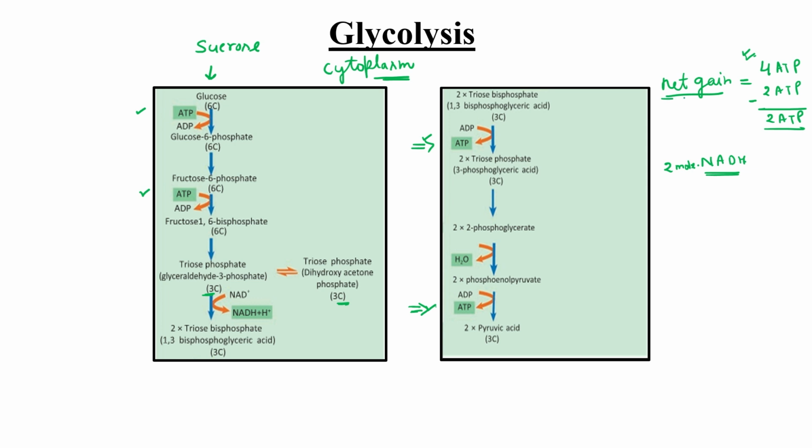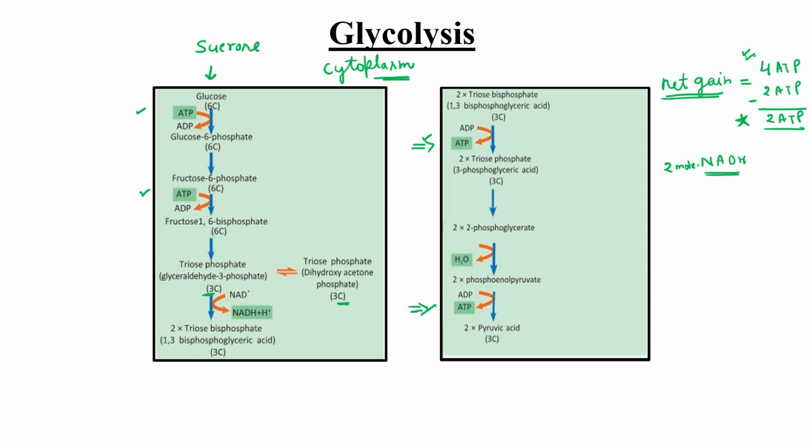So the net gain of ATP during glycolysis is 2 molecules of ATP. Apart from this ATP, 2 molecules of NADH are also generated during this process.